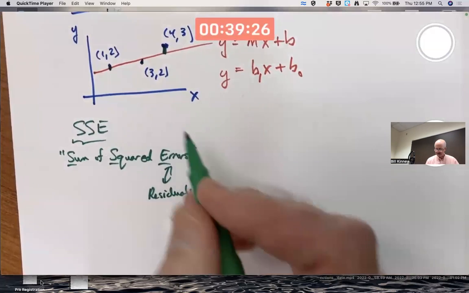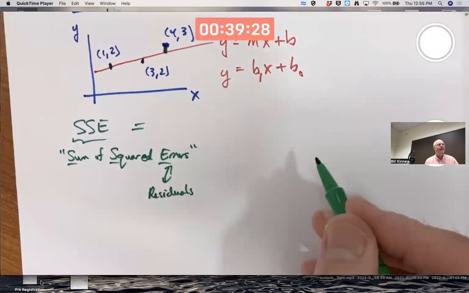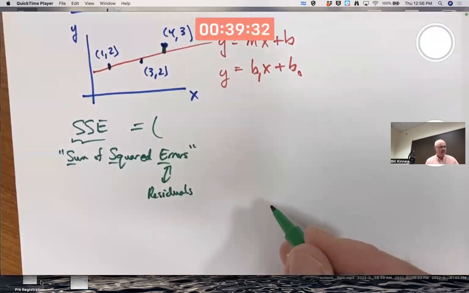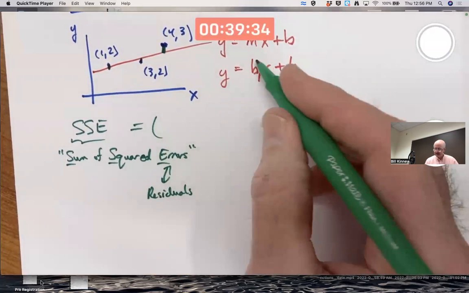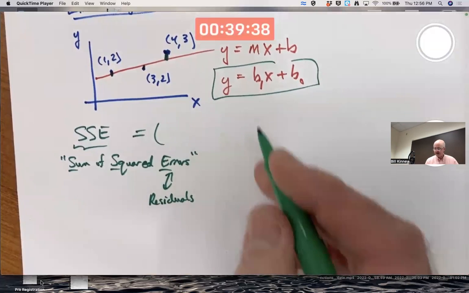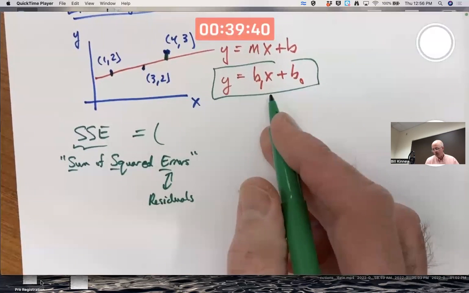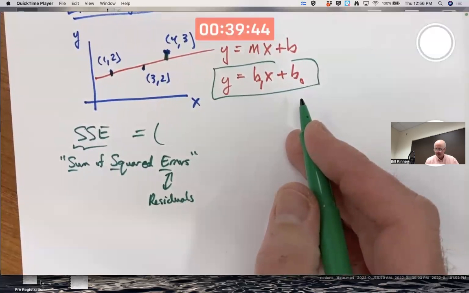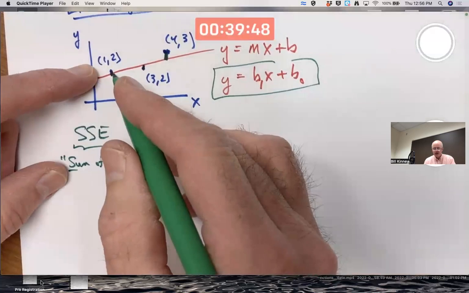What are these vertical distances? Well, remember, the equation of the line is unknown. We don't know its slope, we don't know its intercept, but we do know there's some slope and some intercept. What is this vertical distance going to be?